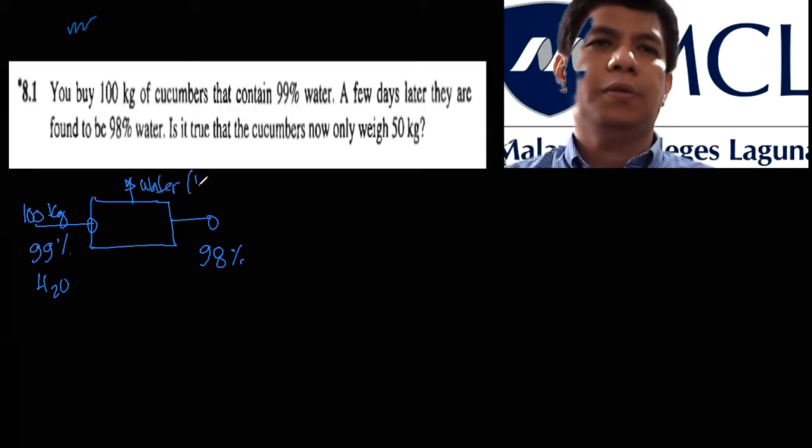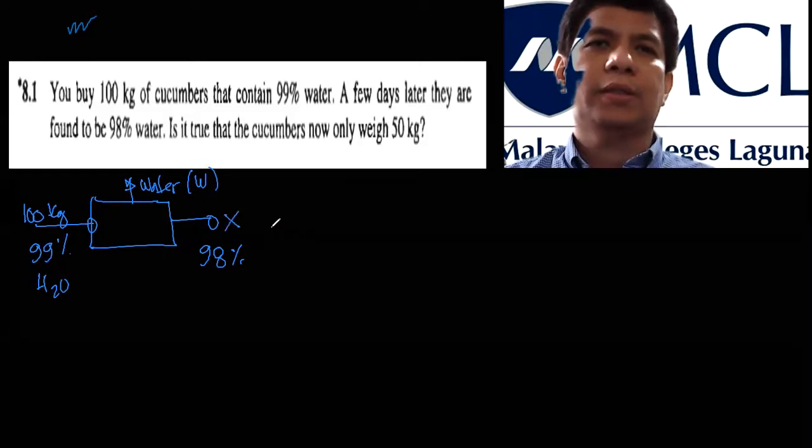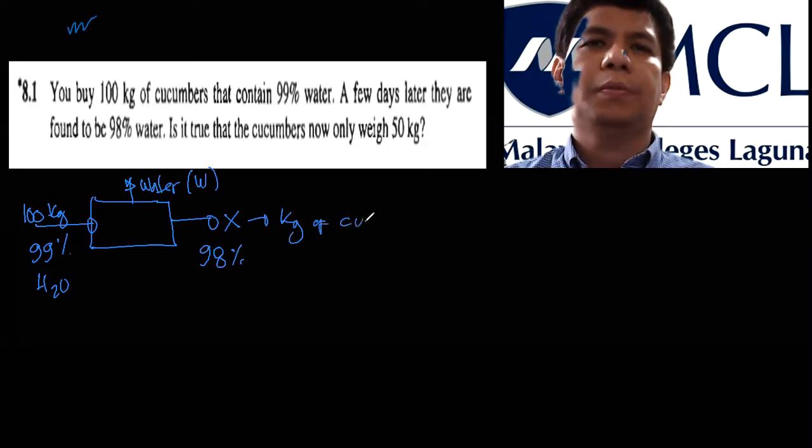Let's call this W. Then the question is, is it true that the cucumber now weighs 50 kilograms? So let's try to find X. X is the weight of cucumber after drying. So this will be the kilogram of cucumber after drying.